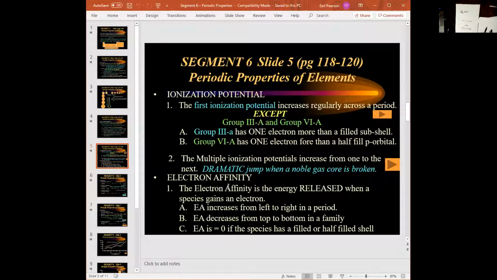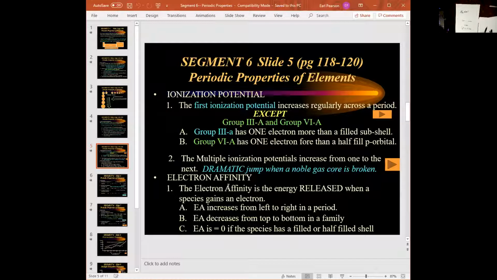Now, nitrogen, for example, has 3 electrons in its p orbitals, 1 in each one of the 3. And we've learned that filled, empty, and half-filled shells are more stable. So nitrogen has a half-filled p orbital set. Now, you can give it another electron. There's a space for it to go.